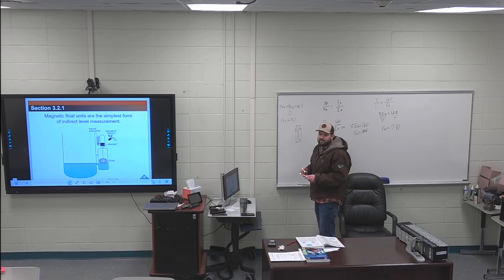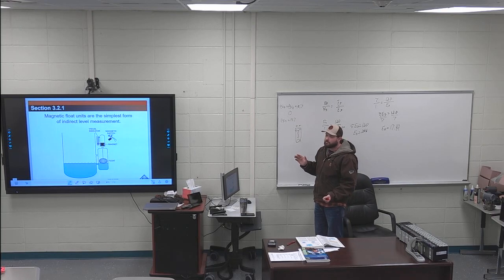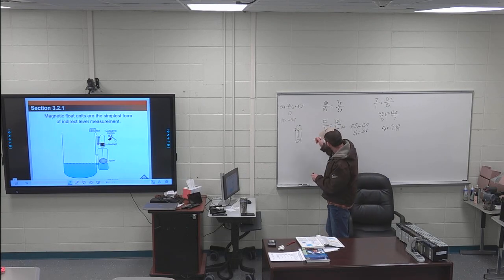So nothing is moving on this capacitor. It has a set capacitance, but the capacitance changes based on the dielectric in between getting larger or smaller. I'm not going to talk about it too much, but you can use a capacitor to measure. You can have a capacitive load cell, because I could have a hook like this.